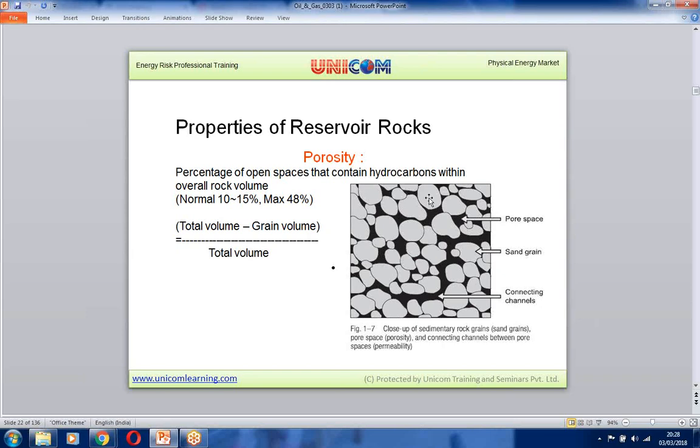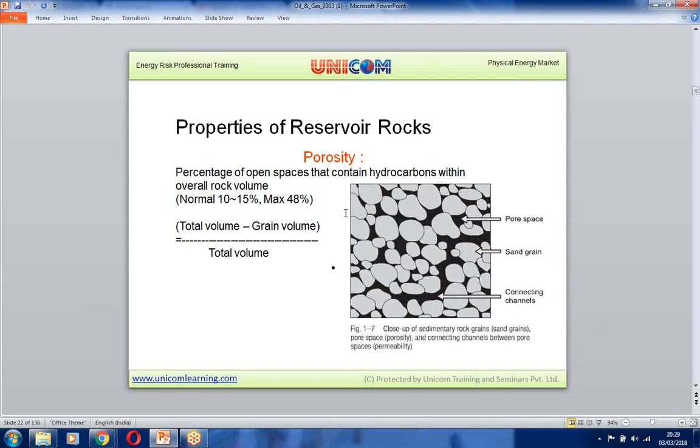It is essential that the nature of the grains in the rock is considered. If the rock is more homogeneous, chances of forming these pores are more. Because if they are heterogeneous, then the intergranular spaces will be filled with smaller grains, so there will be less porosity in that case. But if it is more homogeneous, there is a chance of more porosity.